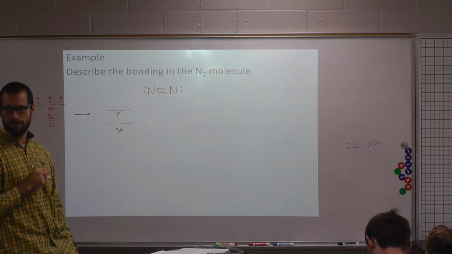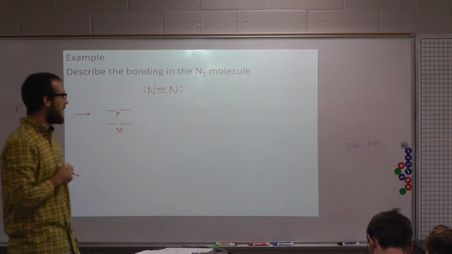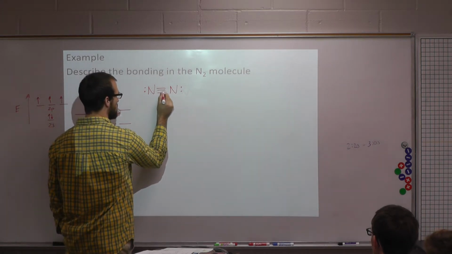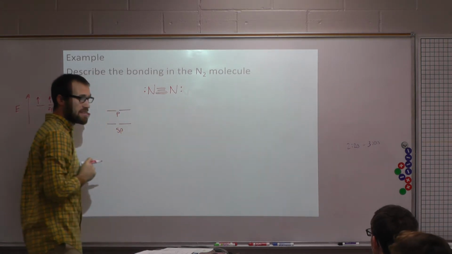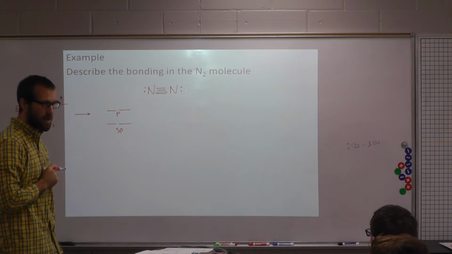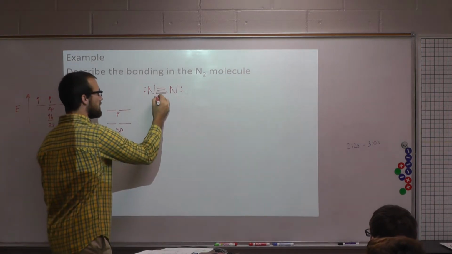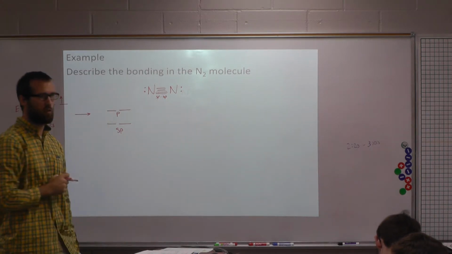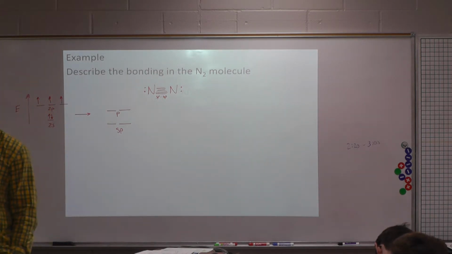So we know the first bond of the triple bond, the one that happens on the bond axis, the sigma bond, is going to be sp overlapping with sp. So I've used one of the two sp orbitals of my nitrogen.